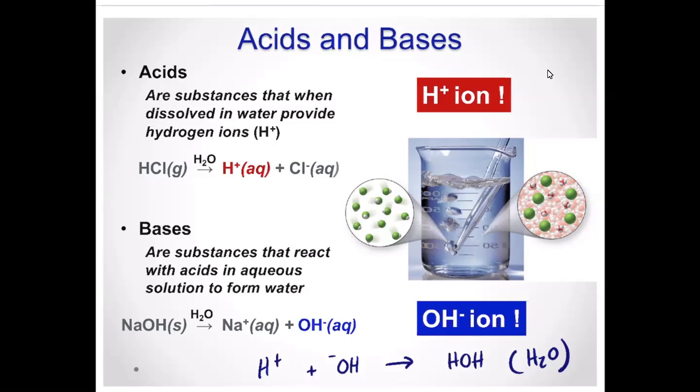Now, we're not too concerned about naming bases because the bases we'll be dealing with are just hydroxides, which is a polyatomic ion. So you would just name it like lithium hydroxide, barium hydroxide. You just name it as you would any other ionic compound.